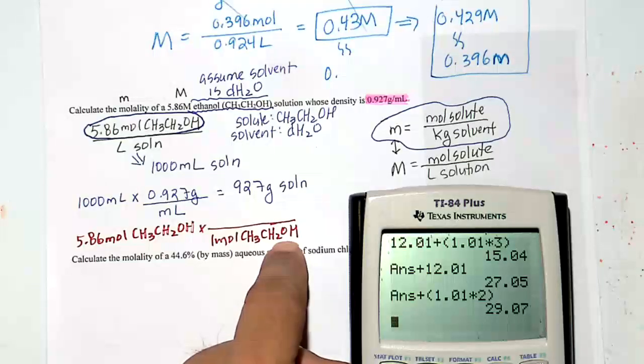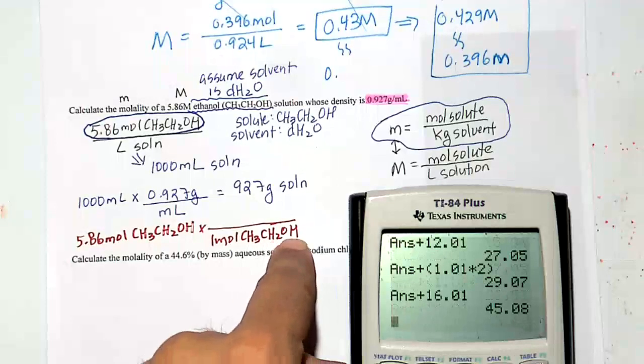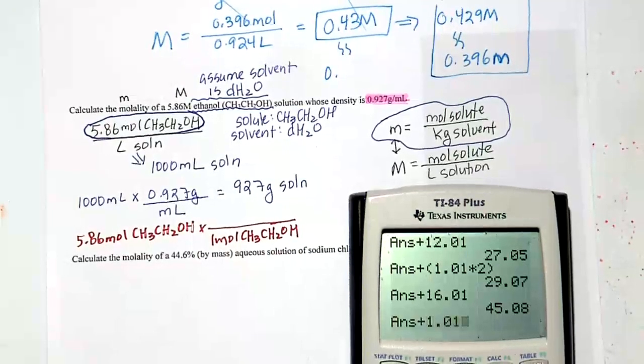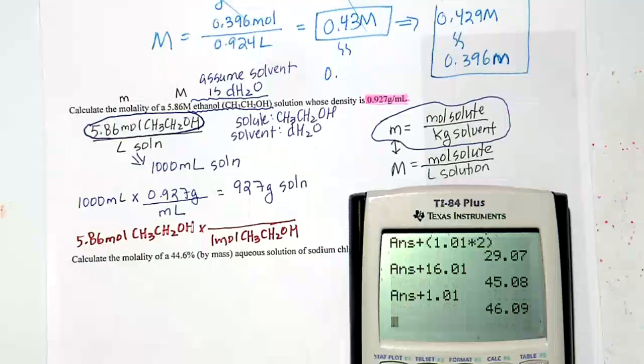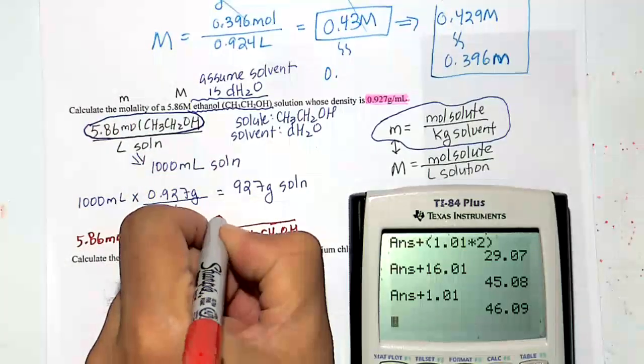Plus oxygen is about 16.01. Do you remember these numbers? You get them from the periodic table. Plus hydrogen is another 1.01, giving 46.09. I'll have periodic tables out, but if you have a periodic table from home, you can bring that, but I just know carbon, hydrogen, and oxygen.